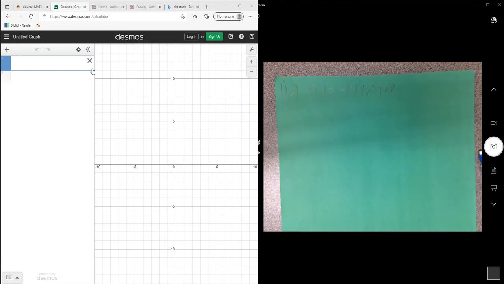Okay, now we're going to use decimals to graph this. So now let's type in this formula. We would type in y equals negative 0.04 x to the second power plus 28.